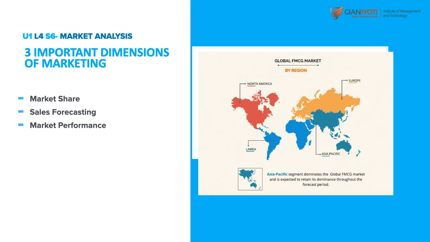If you look at the world as a whole, region-wise, you will find that Asia Pacific is dominating in the last say 5 years, and is still going to dominate in the next 3 years. That sort of forecast you need, and for that you need the data, and that is what we are trying to gather here.